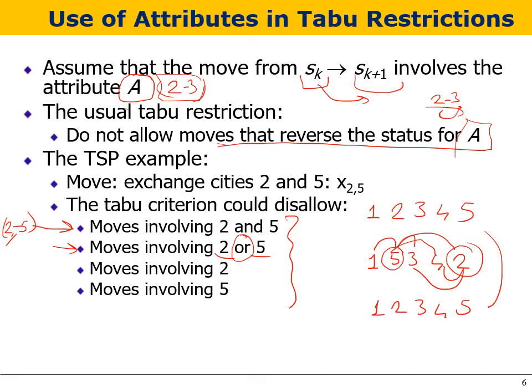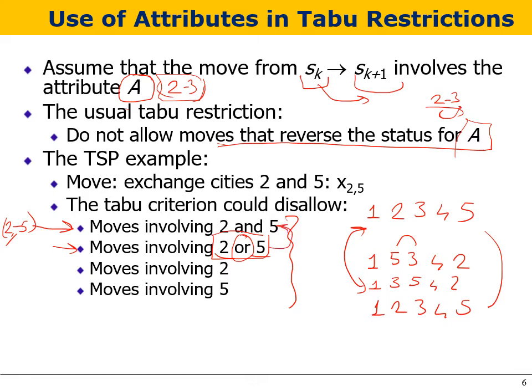Although some of them are unnecessary, because you see in this solution, if I exchange 3 and 5, the solution will be 1, 3, 5, 4, 2, and this is different than this one. But still, I can do such a forbidding, and this is more restrictive than the previous one.